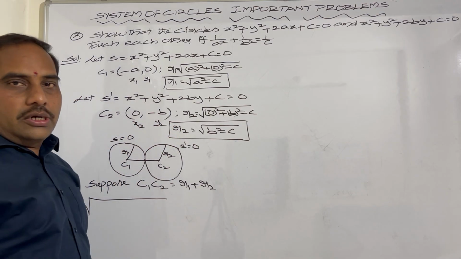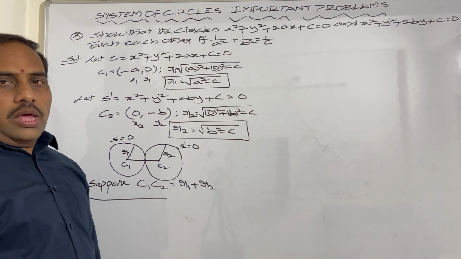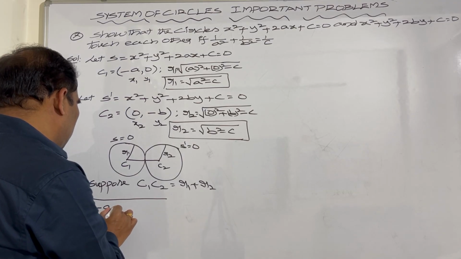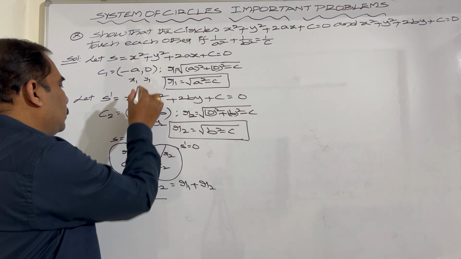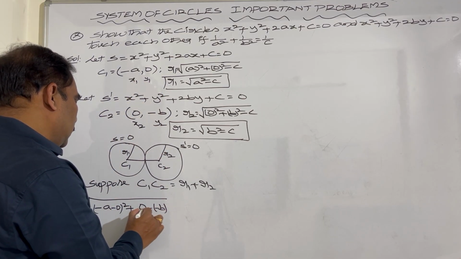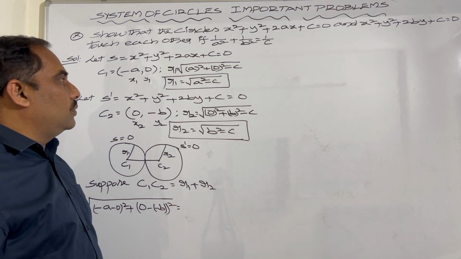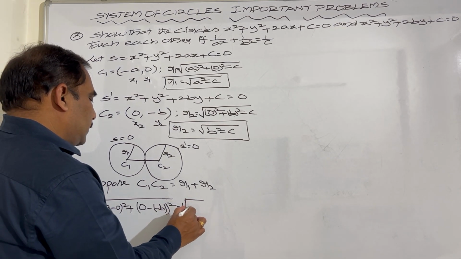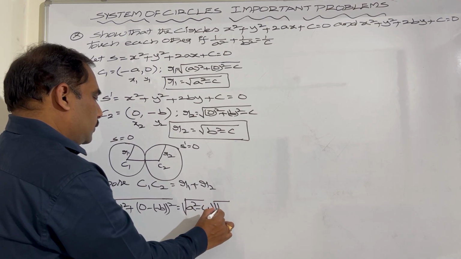We can write the distance between the two points as root over x1 minus x2 whole square, that is minus a minus 0 whole square, plus y1 minus y2 whole square, that is 0 minus minus b whole square, which is equal to R1 plus R2, where r1 is root over a square minus c and r2 is root over b square minus c.